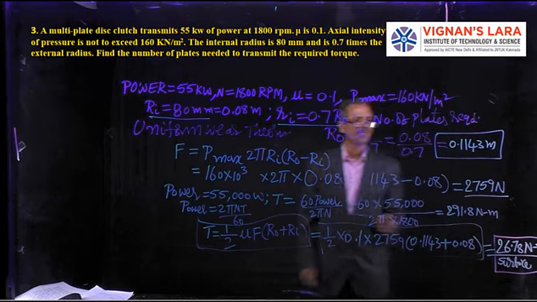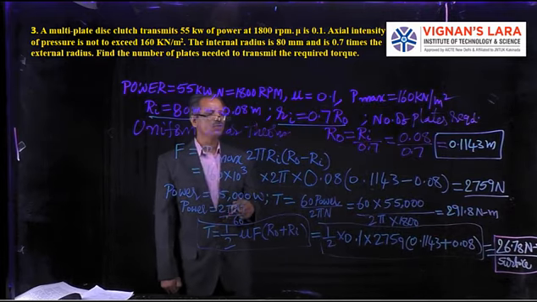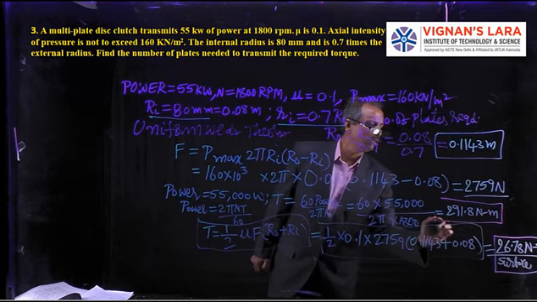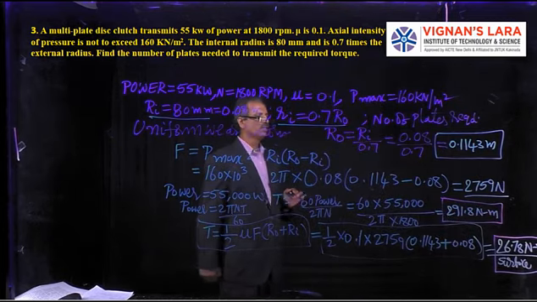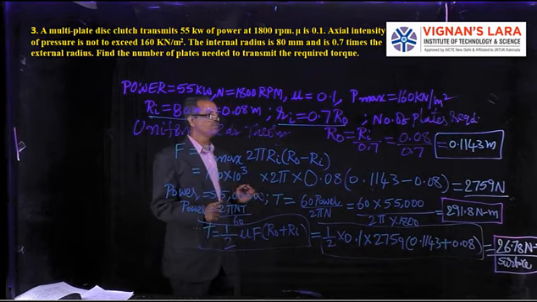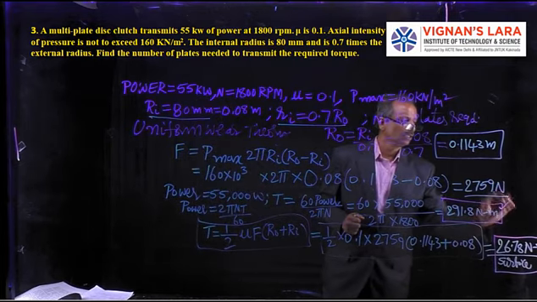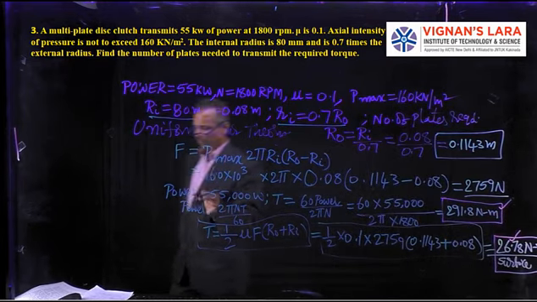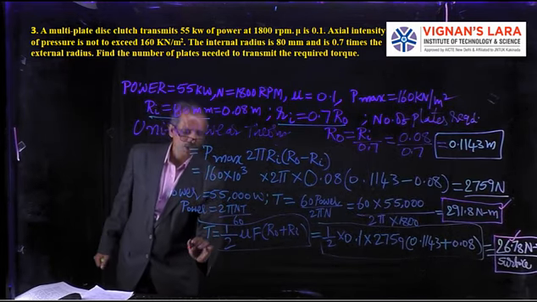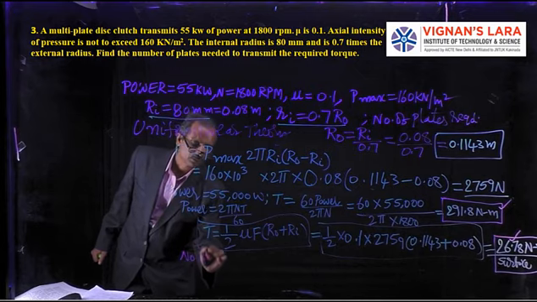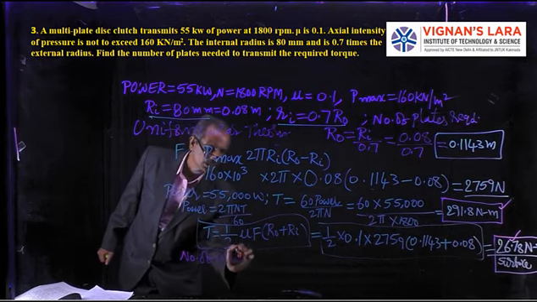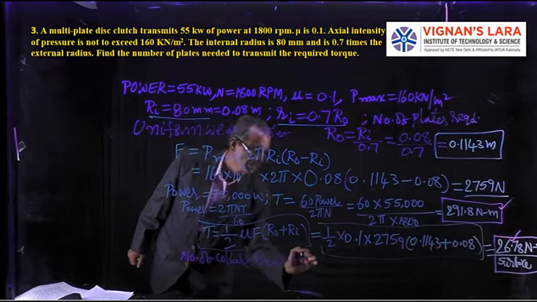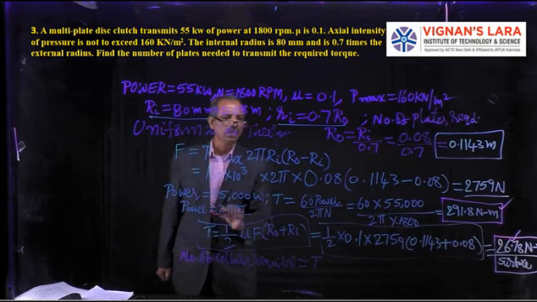Then what is the actual torque to be transmitted in my problem? 291.8 Newton meter. So my objective is to transmit this much amount, and one surface will transmit this much amount. Then how many contact surfaces do I require? The number required is T total by T per surface.